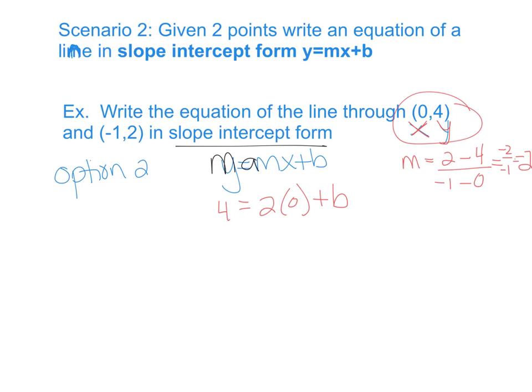Remember that b represents our y-intercept. And that is why this is called slope-intercept form, the m and the b. So if I can solve for b, I only need my m and my b to write an equation in slope-intercept form.